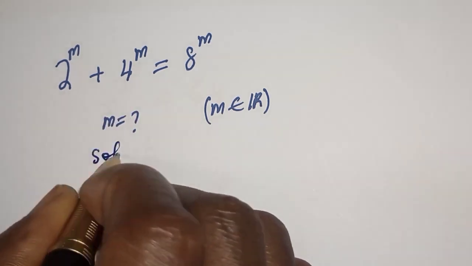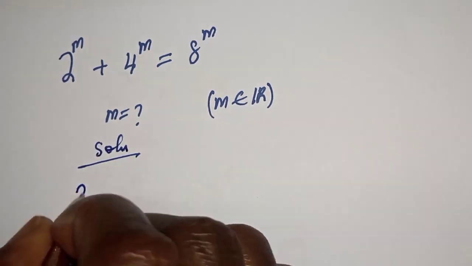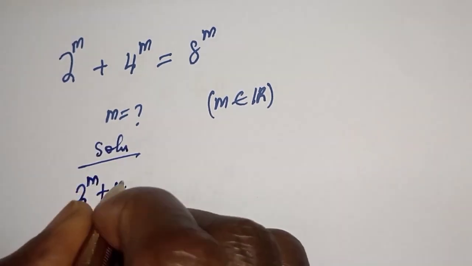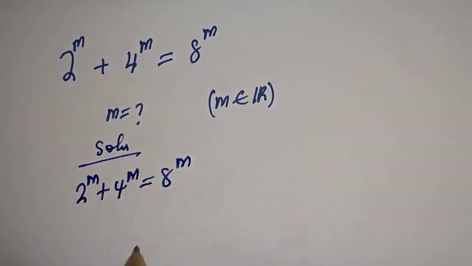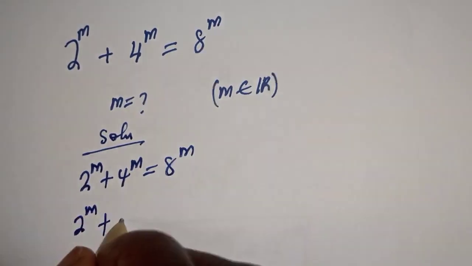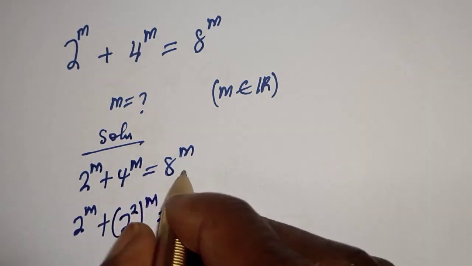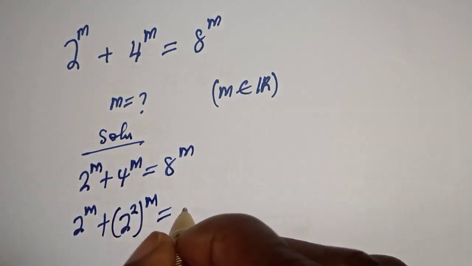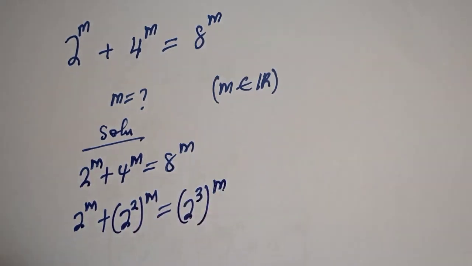Solution. We have the given equation 2 raised to power m plus 4 raised to power m is equal to 8 raised to power m. Then 2 raised to power m plus 4 raised to power m can be written as 2 squared to the power of m, and 8 raised to power m can be written as 2 raised to power 3 to the power of m.